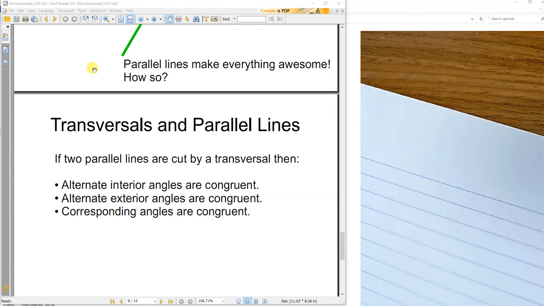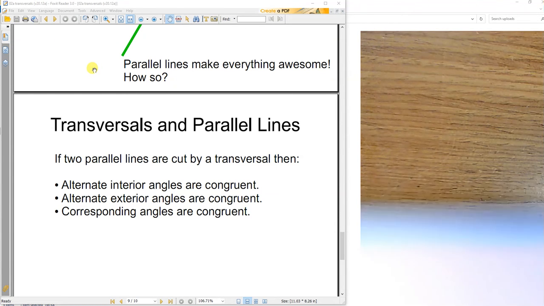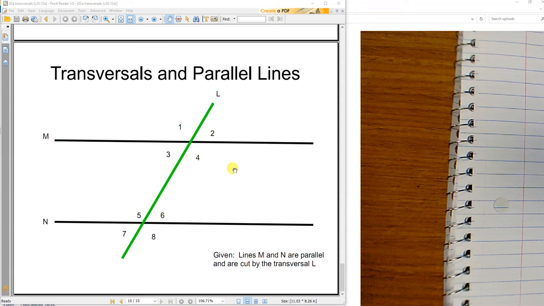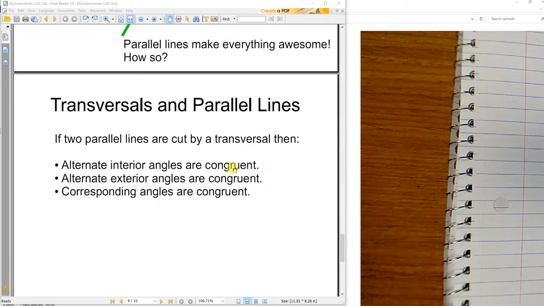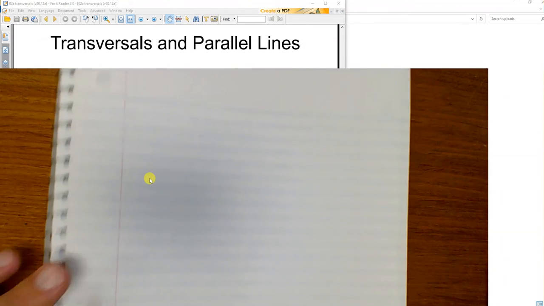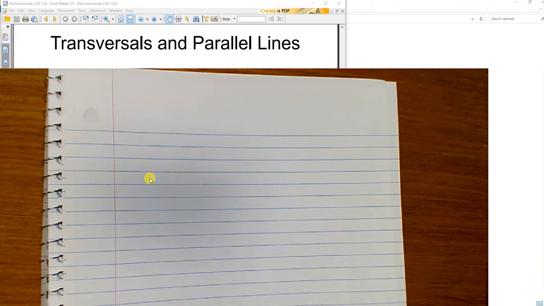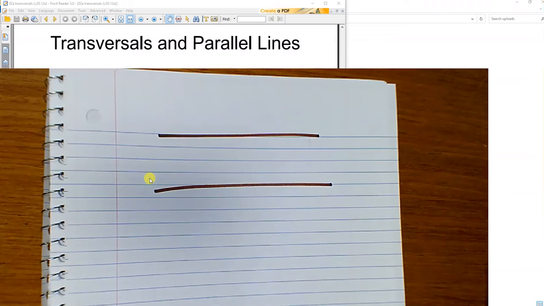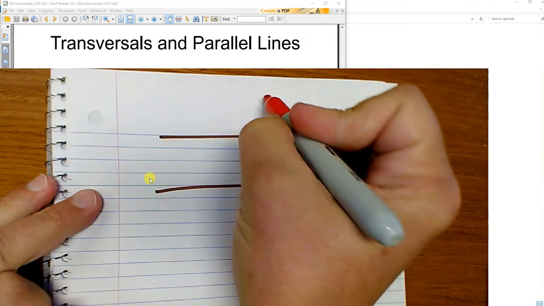Before we get too crazy, let's add vertical angles in here, just in case. Verticals are not new. We did those in the last lesson.